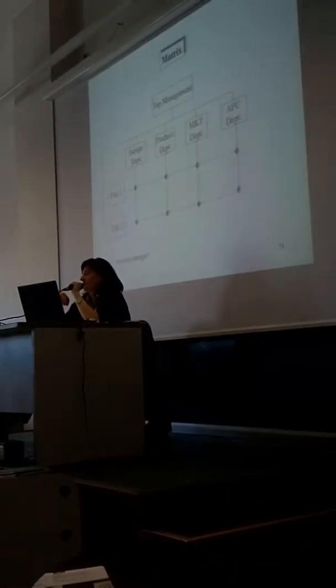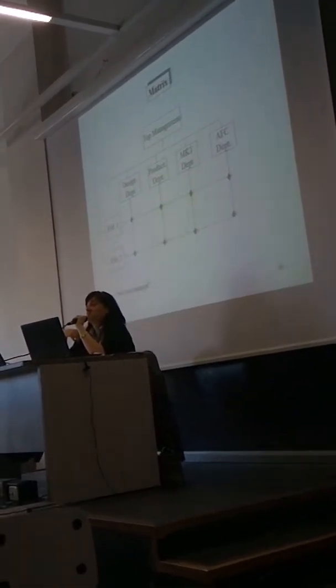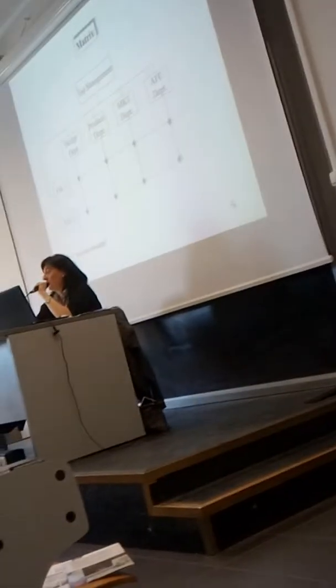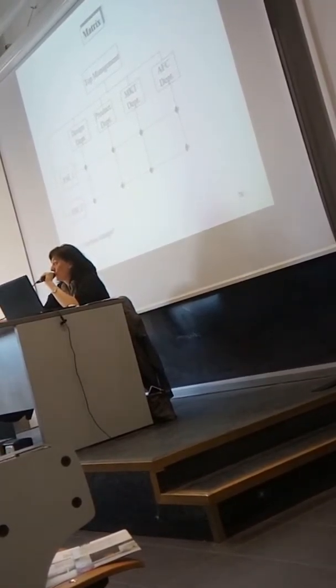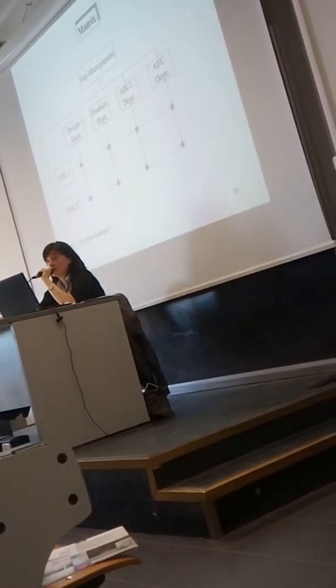And the main goal for the functional area is to control input or output. Input for sure, okay? So, inside the product department, the main goal will be the responsibility to control, for example, the production cost, raw material, direct labor, and so on.